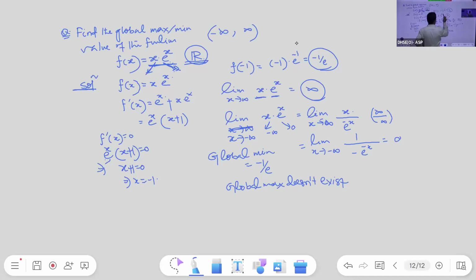Okay, next question. Find the global maximum and minimum values of the function f of x is equal to e power x upon x plus 2.